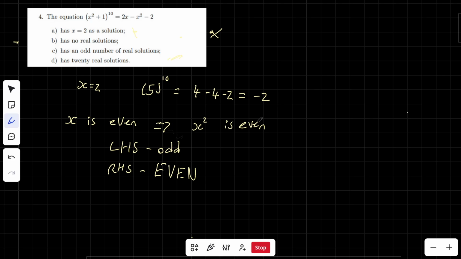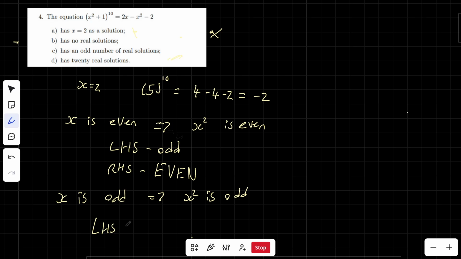Well, if x is not even, then x must be odd. If x is odd, then x squared is odd. And so x squared plus 1 must be even, and an even number raised to the power of 10 will be even.